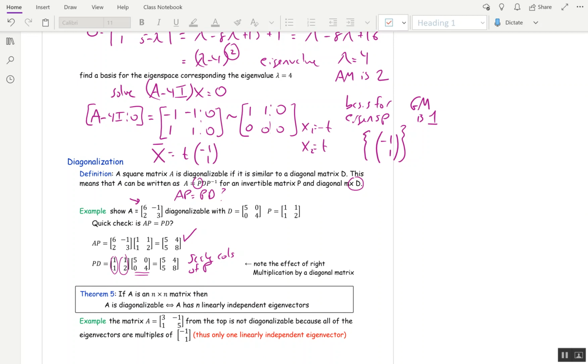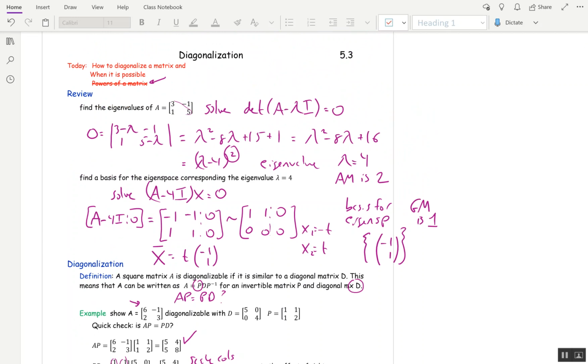Okay, theorem 5. If we have a square n by n matrix, it's diagonalizable if and only if it has n linearly independent eigenvectors. So the example at the top of the page, this matrix A here is not diagonalizable. Here's why. It's a 2 by 2 matrix.